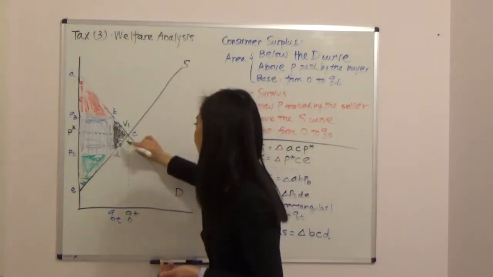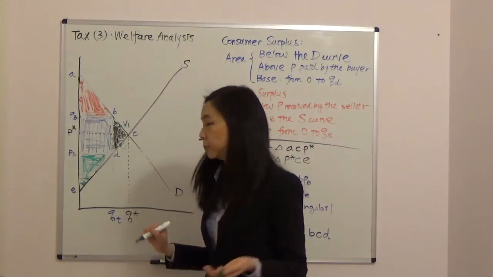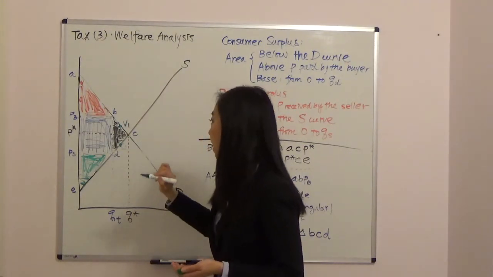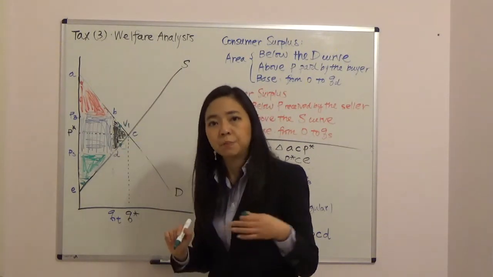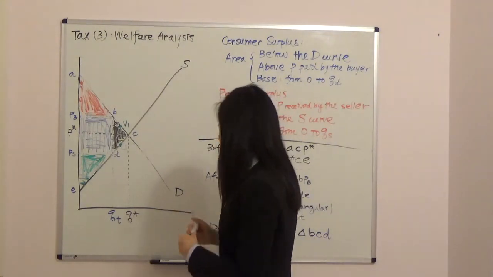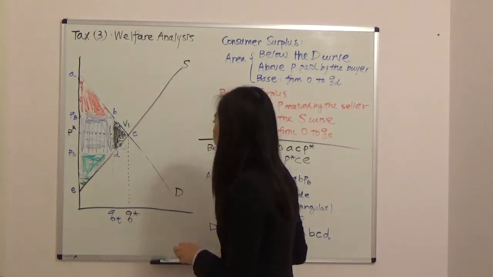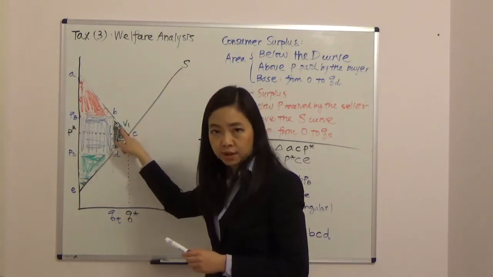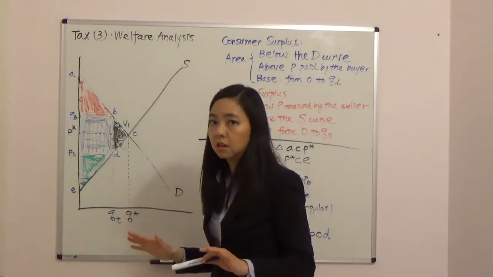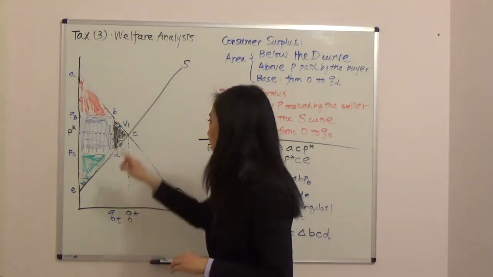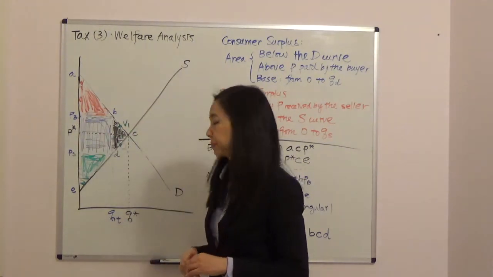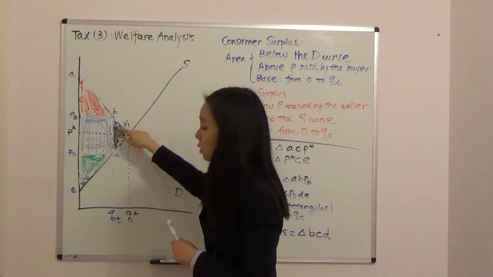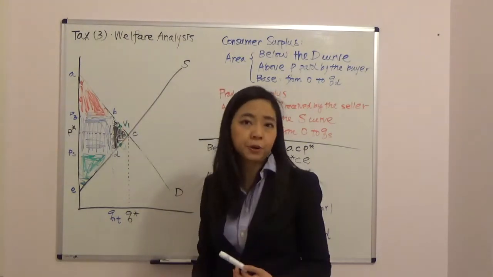And the producer will be happy to sell the unit because the producer's cost is C1 and the price was P star. But now with the government tax, because of the tax, the buyer will have to pay PB, which is higher than the value V1. So the buyer will say, forget it, I'm not going to buy this unit because the price PB is too high. So the buyer, this particular buyer whose value is V1, will be out of the market.